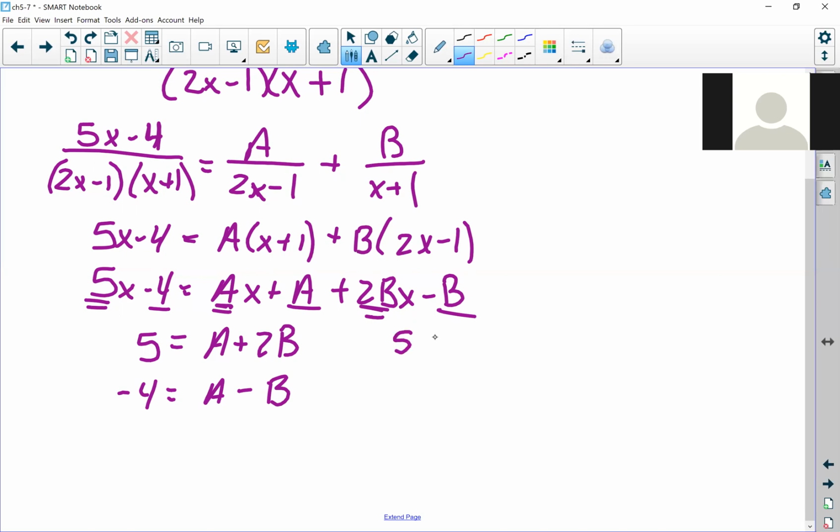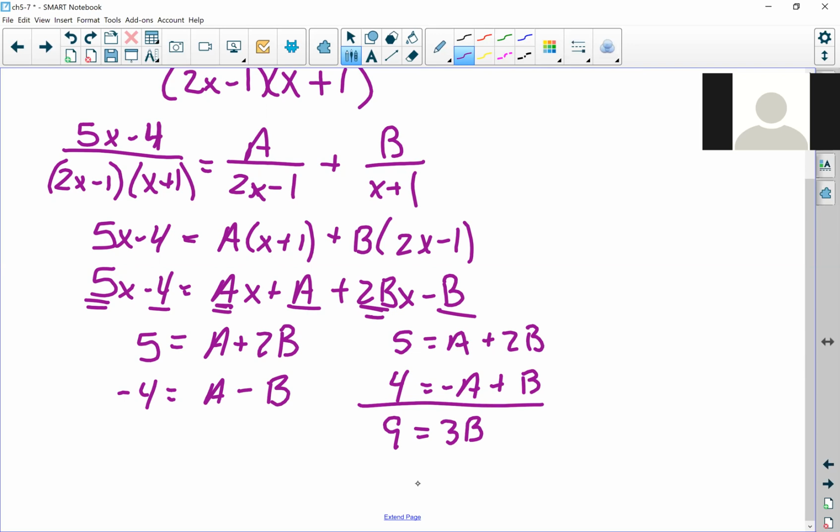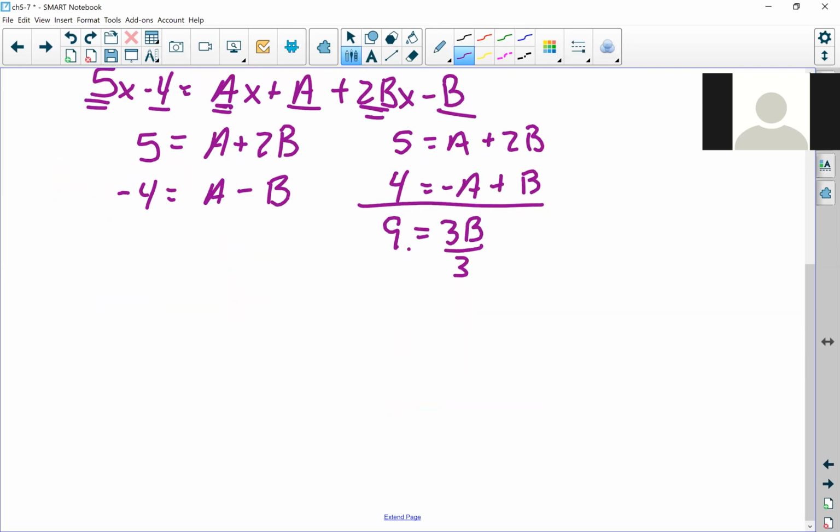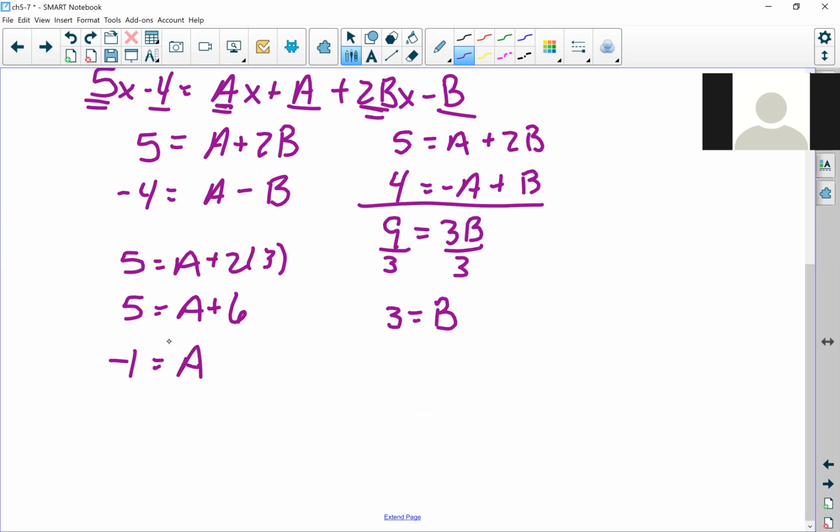But if I take that second expression and multiply by negative 1, or I could just subtract, I get b equals 3. Plugging that in, 5 equals a plus 2 times 3. 5 equals a plus 6. Negative 1 equals a.